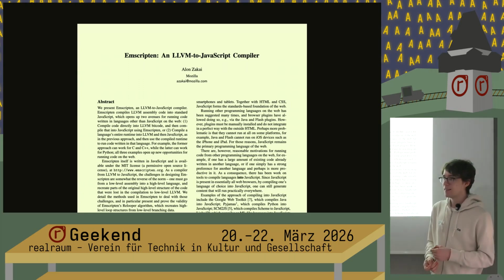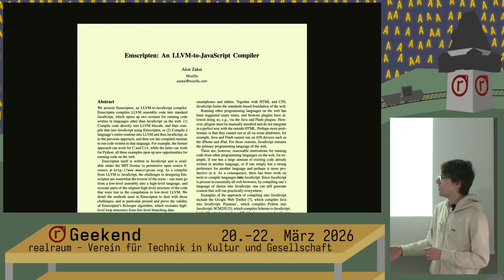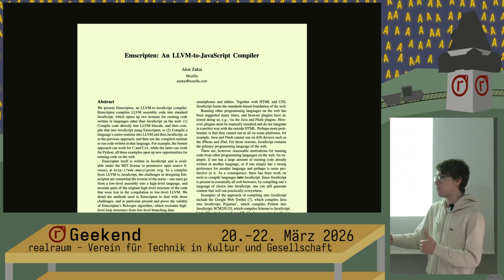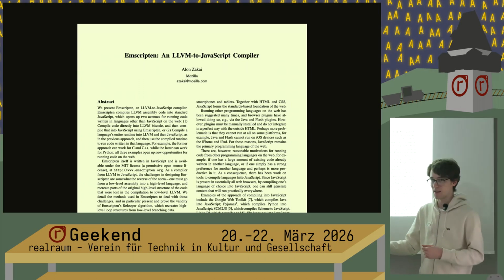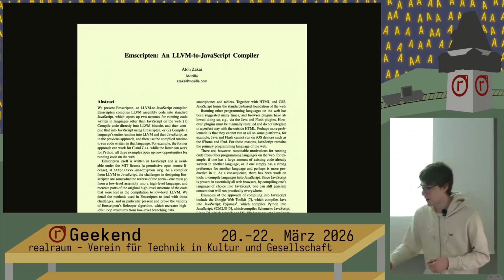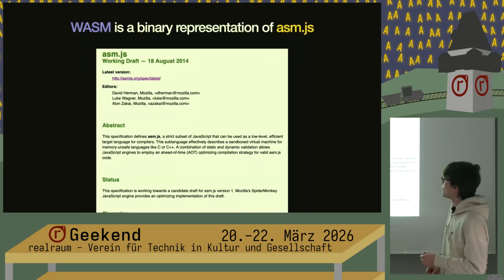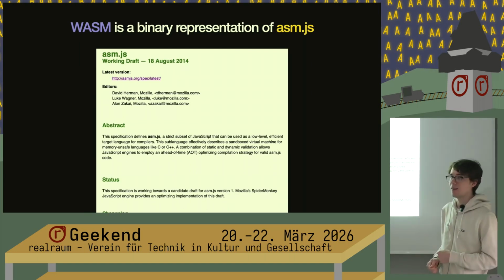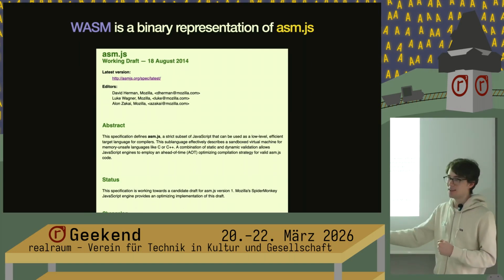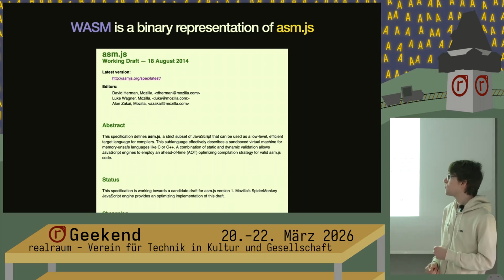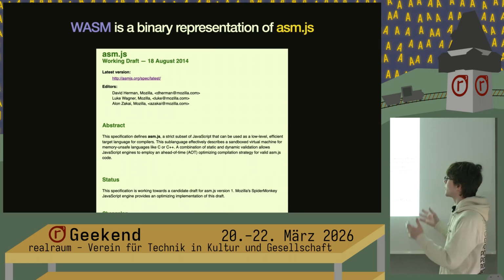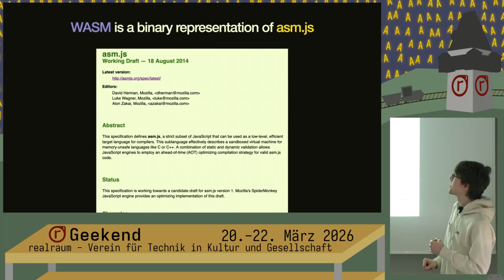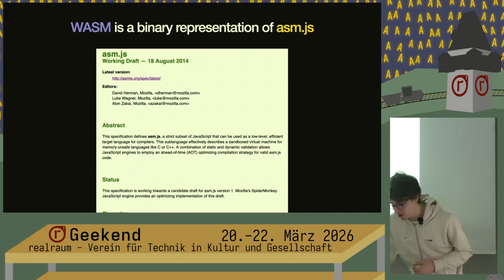Then they developed a subset of JavaScript to make this as optimized as possible, called asm.js. And then they figured out that they could have a binary representation for this, and they developed WebAssembly. So that's a bit of the history. It just started from someone who wanted to run C code in the browser, and he ended up with a standardized spec that went through a few abandoned specs like asm.js.